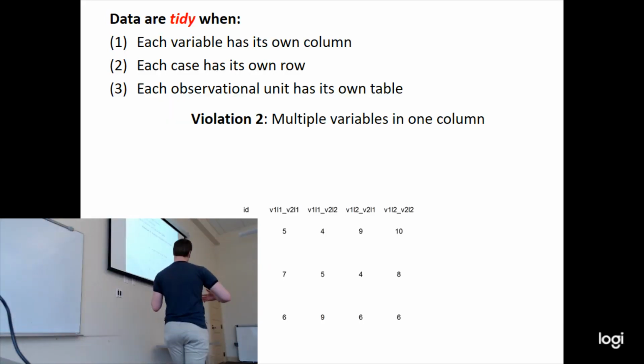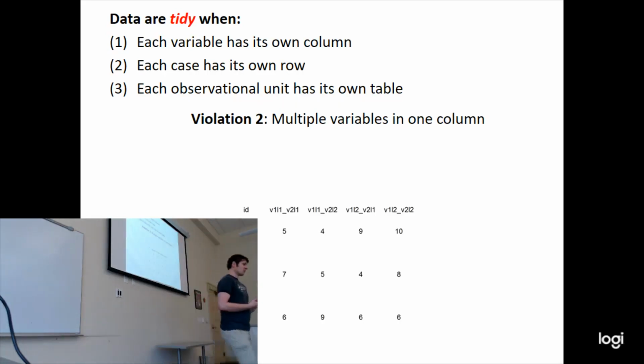So one way this could happen is you have 2 variables, variable 1 and variable 2, on column keys V1 and V2, each of which have 2 levels, level 1 and level 2. One way I could structure those data is I have one column for each combination of variable 1 and variable 2.